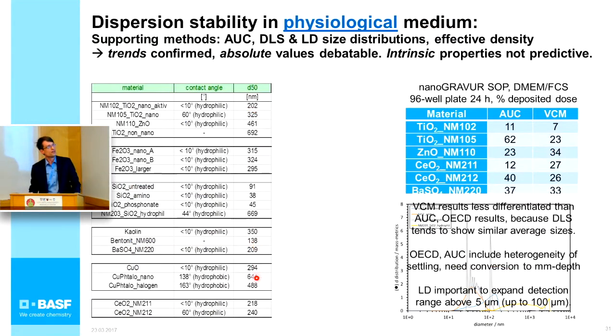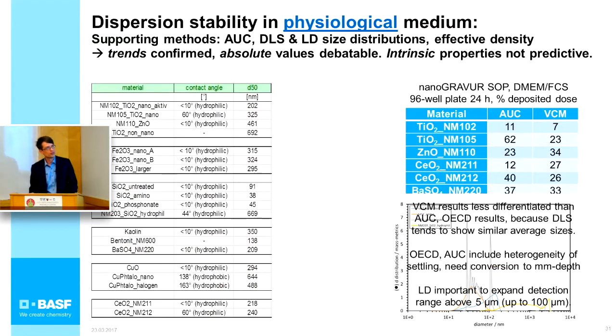And this is the D50 that we measure by analytical ultracentrifugation. And we also look at the predicted stability from the measured sedimentation rate by centrifugation and by Glenn Deloitte's method, which is based on an average effective density and an average size from DLS.